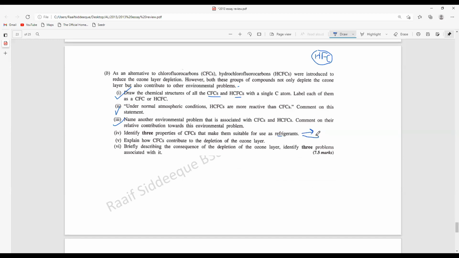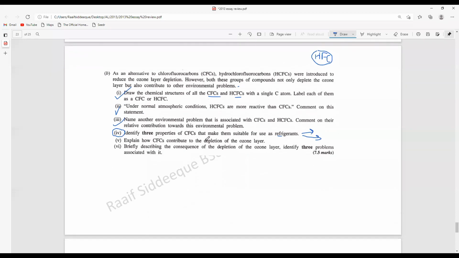You can write down the low viscous nature, the chemically inert nature, and even the boiling point. So you can write down those 3. This is necessarily not important to remember, but in case you need to know, you should know.